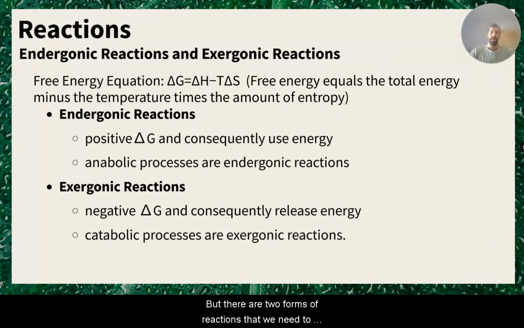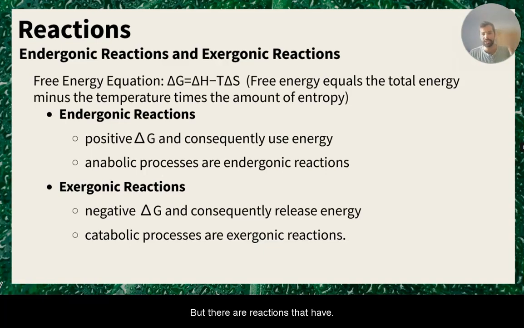But there are two forms of reactions that we need to concern ourselves with, which are the endergonic and the exergonic reactions. We have that free energy equation based on how a reaction will change the energy within the system.